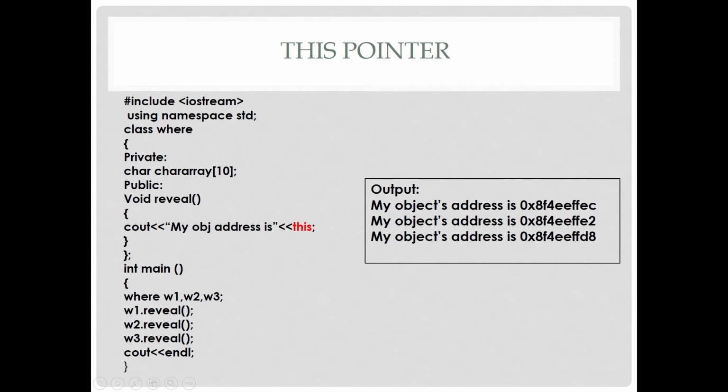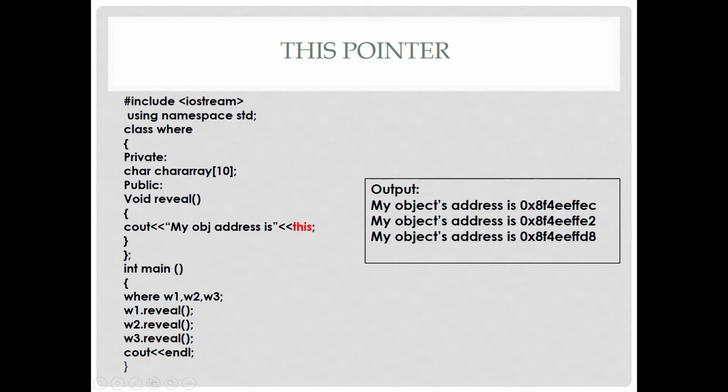It searches for a constructor. You don't have a constructor here, so it goes to the next line, w1 dot reveal. So it searches for a function for w1 called reveal. Yes, it is here. Now what does it do? My object address is, you can see just a keyword called this. Now this will display the address of this particular object w1. Yes, you can see it over here.